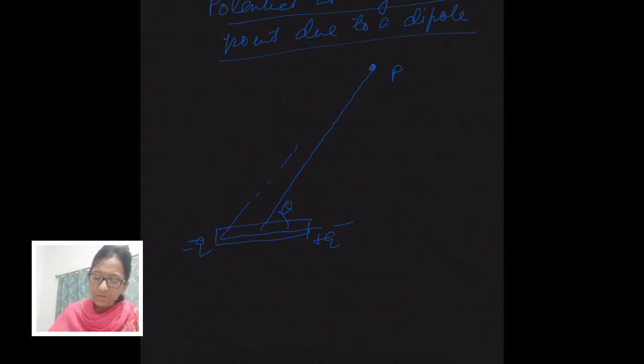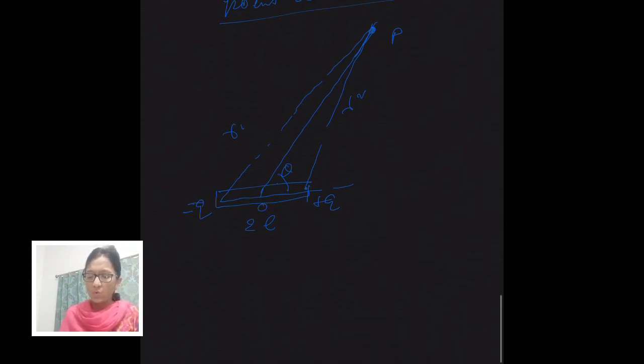Suppose this distance is r1, the distance from the positive charge up to point P is r2, and the length of the dipole is, as before, 2L, and the central point origin we can take as O.